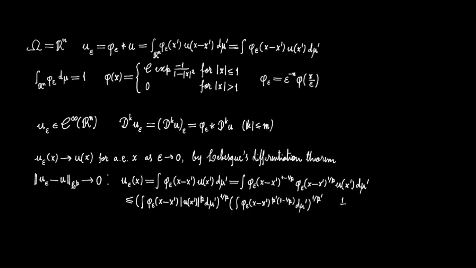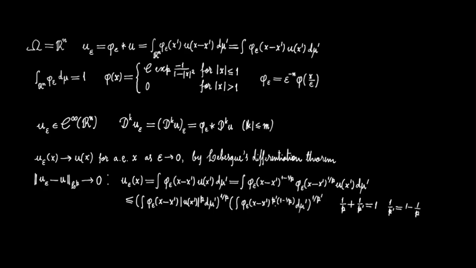So the relation between p and p prime is that the sum of their inverses is equal to 1. In other words, 1 over p prime is equal to 1 minus 1 over p.